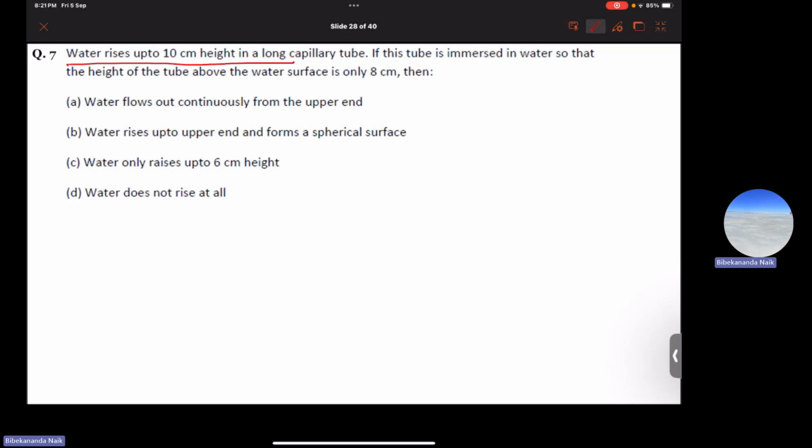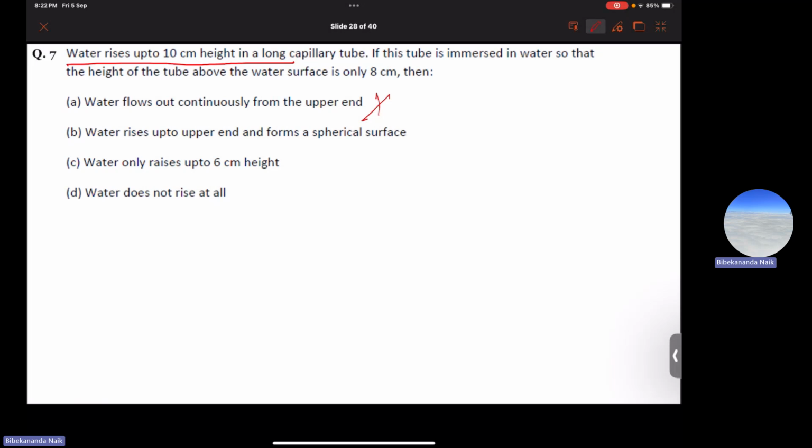So these are the four options that we need to consider. The first option is water flows out continuously from the upper end. This option is not correct, because if water flows out continuously from the upper end, there will be a violation of conservation of energy, because we are not applying any force or doing any work, but work is being done.